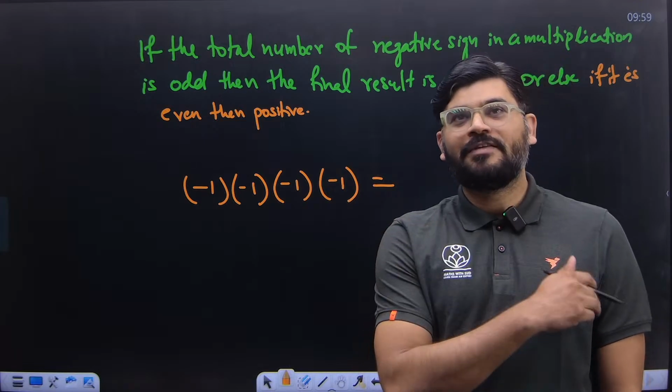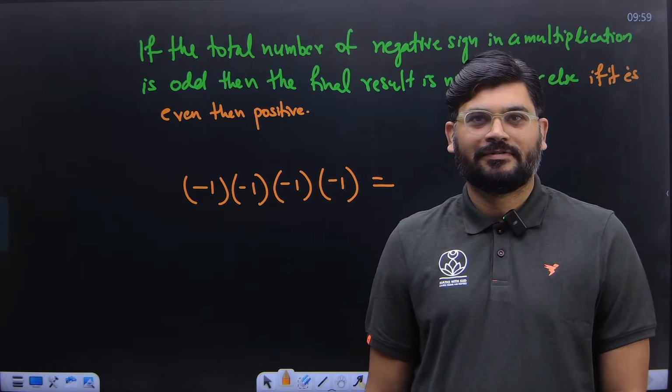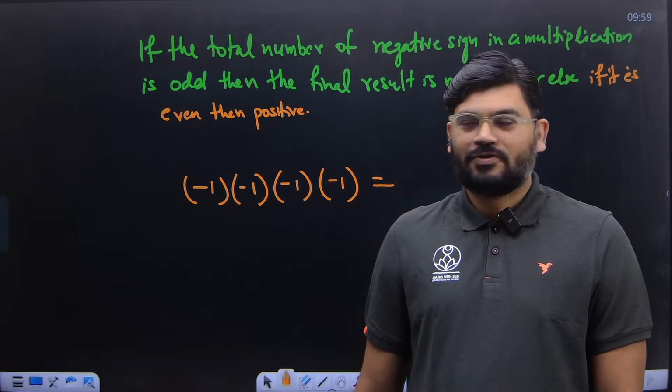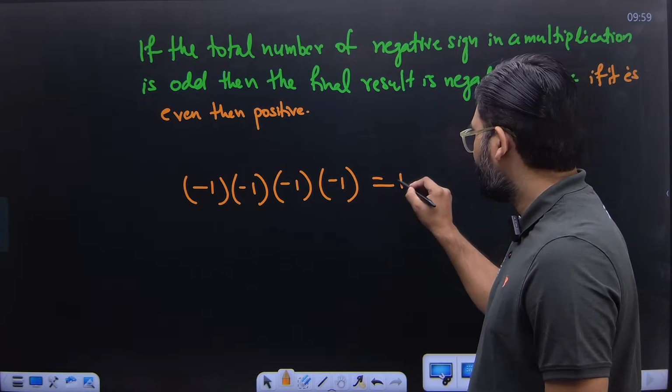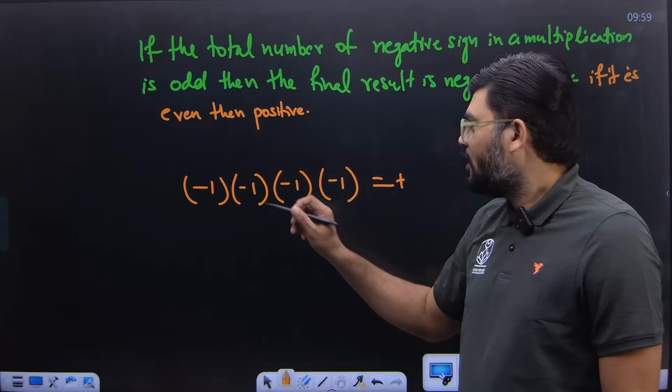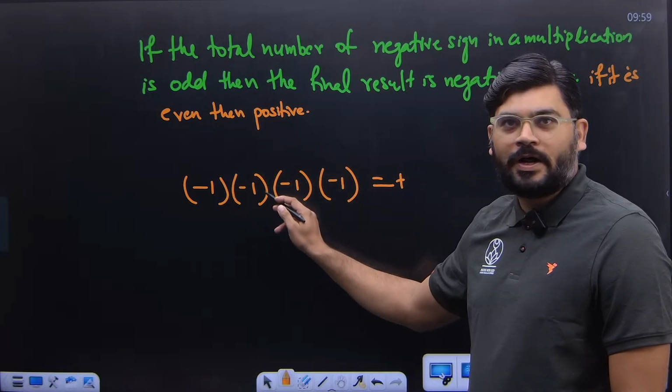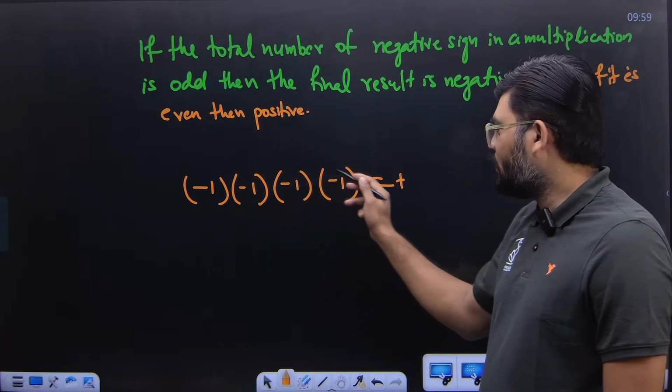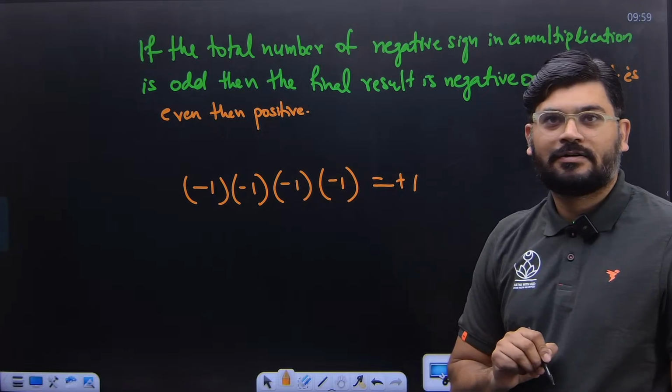Is 4 an even number or odd number? Even number. So it will be positive. I told you, if it is an even number, then positive. Now 1 into 1 is what? 1. So the answer is plus 1.